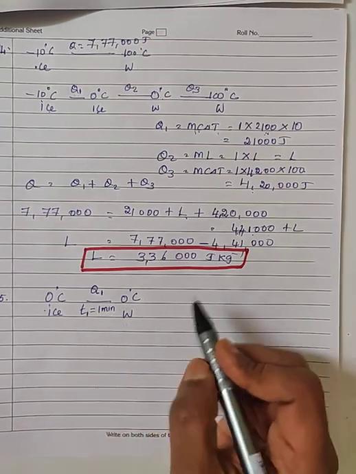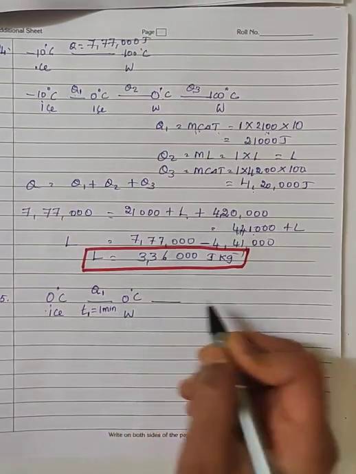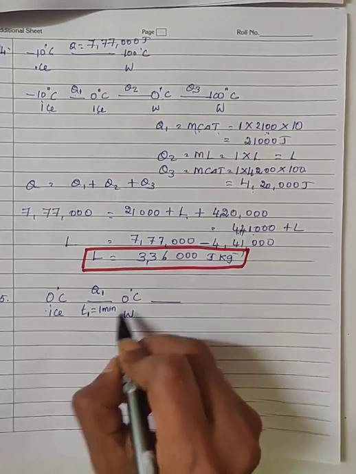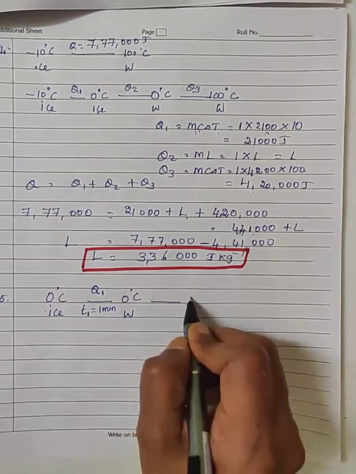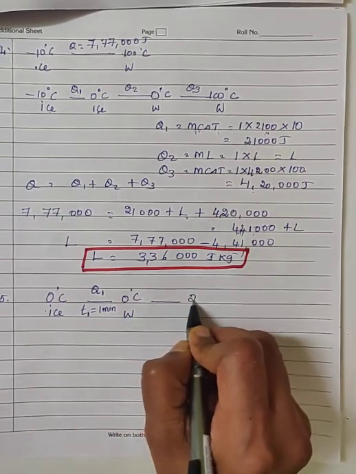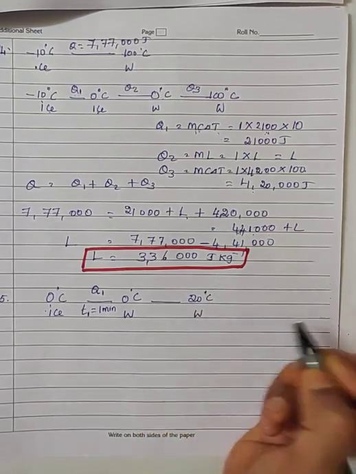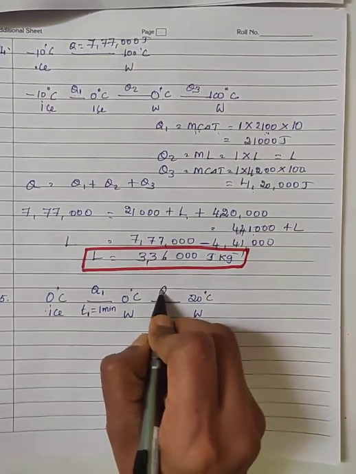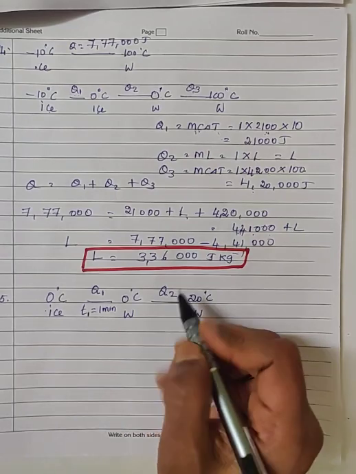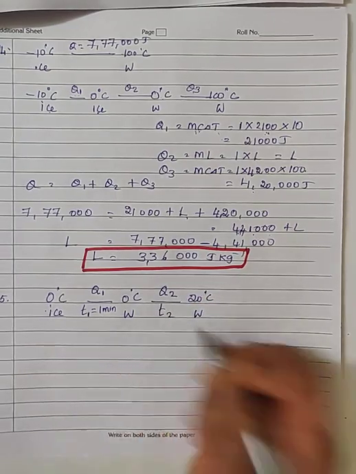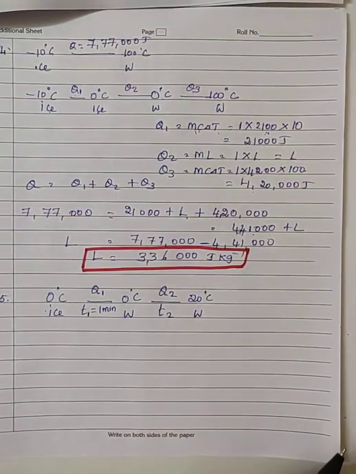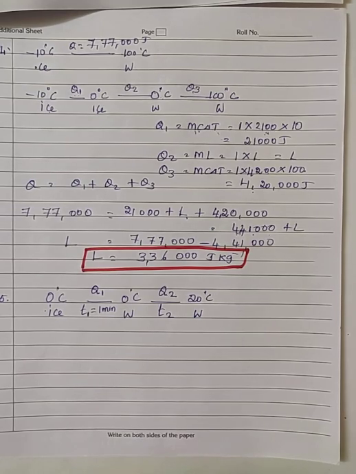Then, one more thing is given. The heat is supplied at a constant rate so that the temperature of 0 degrees Celsius of water is increased to 20 degrees Celsius of water. For this process, I take the quantity of heat energy absorbed as Q2. The time taken for this process, I take it as T2. Underline in the question, heat is supplied at the constant rate.